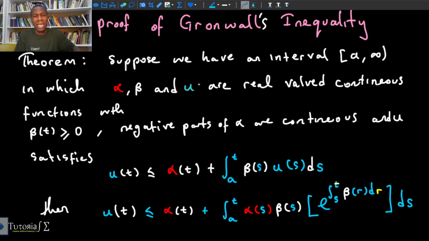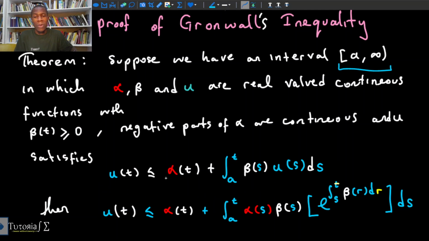So the theorem says, suppose we have a finite time starting from a to some time before infinity, in which alpha, beta, and u are real valued continuous functions, with beta of t being greater than or equal to 0, and the negative parts of alpha are continuous, and u satisfies this inequality.